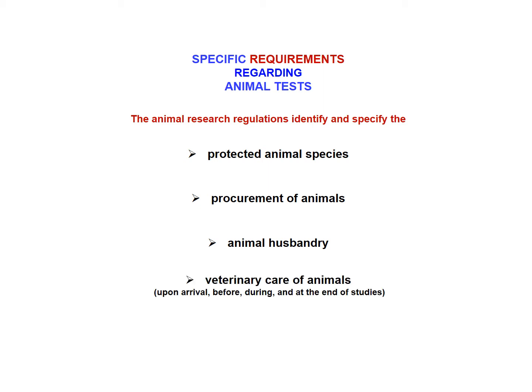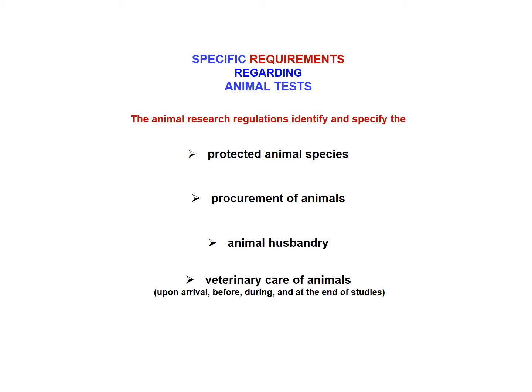Veterinary care of animals upon arrival, before, during, and after any study, and at the end of the study, is required. Animal facilities, for example the one that we have at UTSA, have a veterinary physician who is in charge of taking care of these animals.